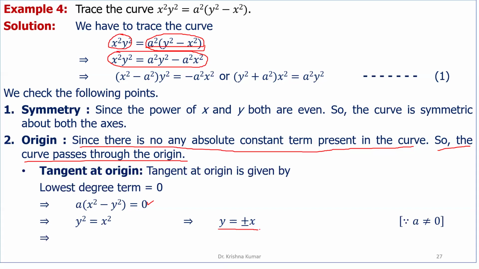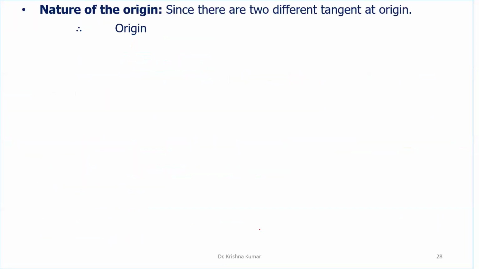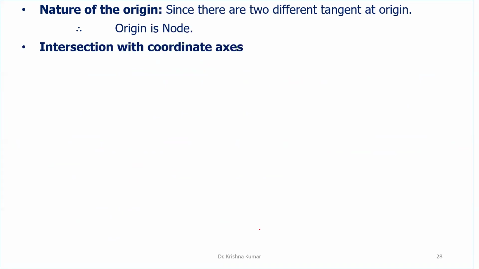So we have two different tangents at origin: one is y = x and another is y = −x. Since we are getting two different tangents, therefore the origin is a node.